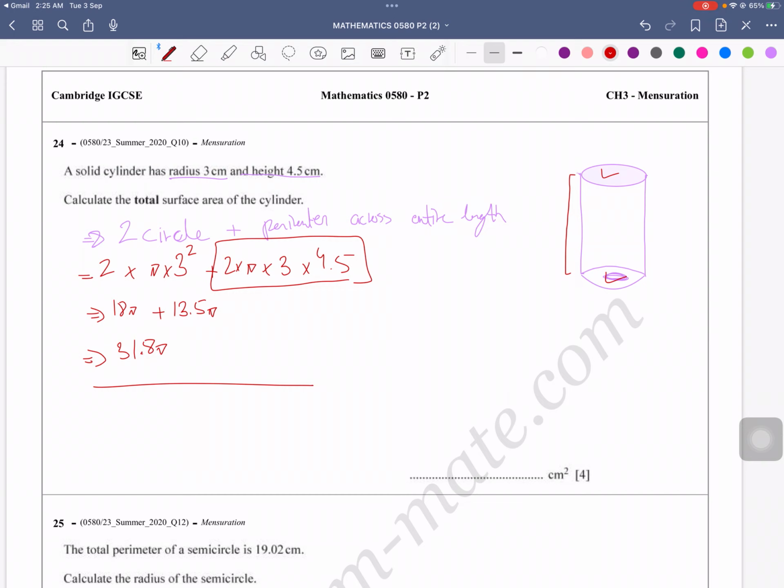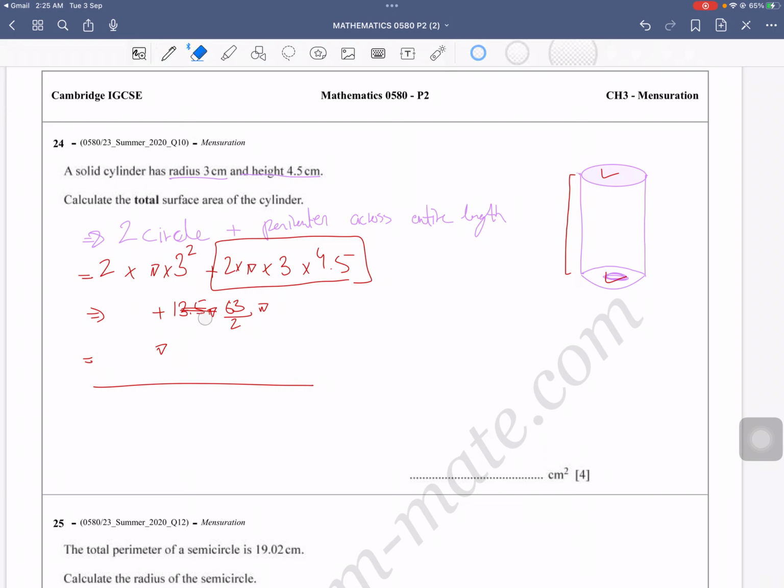So it becomes 63 pi over 2, right? And then, guys, I'll add 18 pi to it, and that gets my answer done. I hope there aren't any questions from it now.